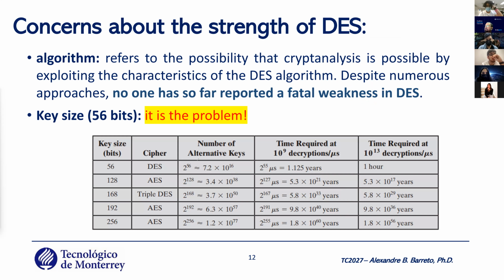To understand, for example, if you have 56 bits, remember each is 0 or 1, a binary number, okay? The number of keys that you have is this number here. How many times do you need to try to decrypt a message with this key using brute force?